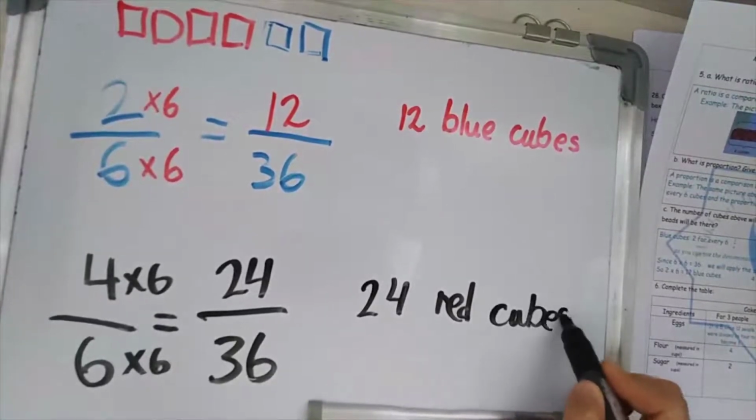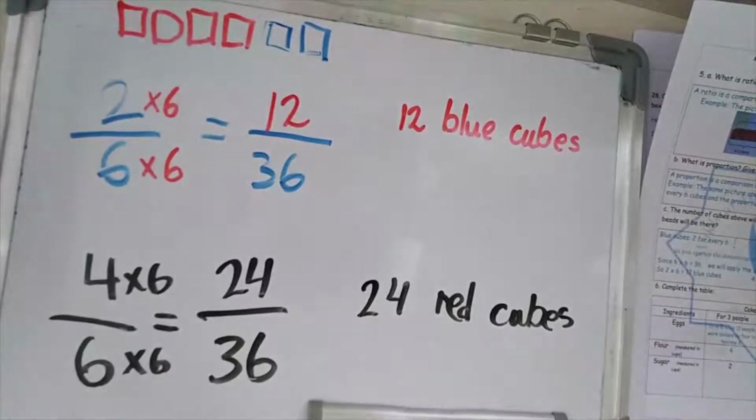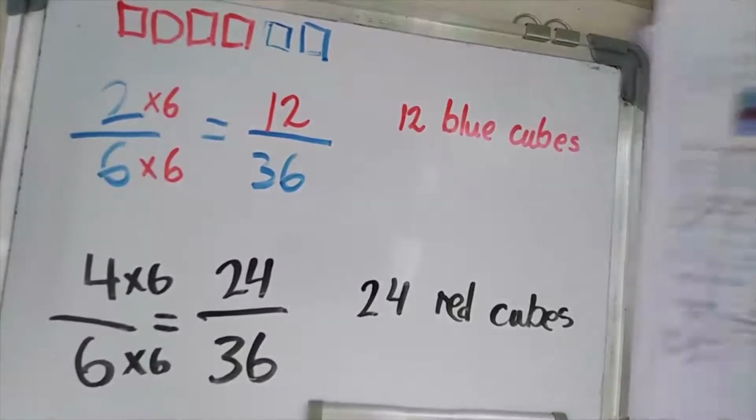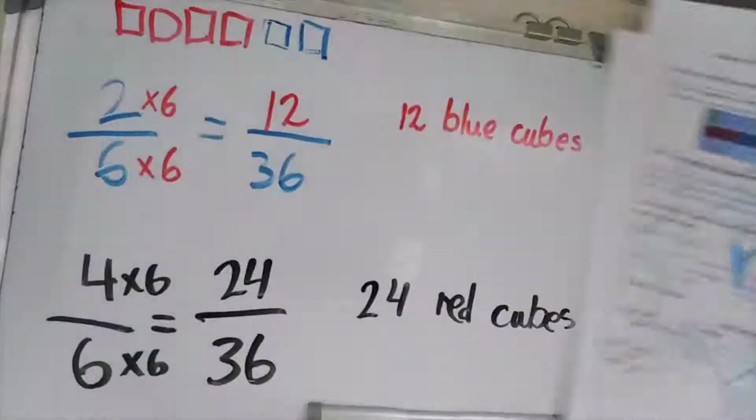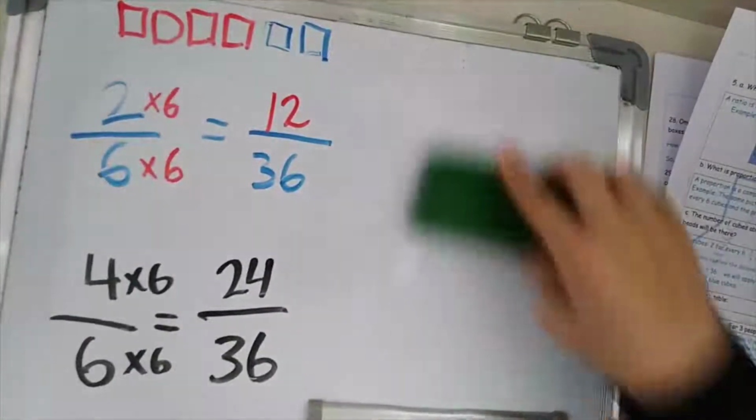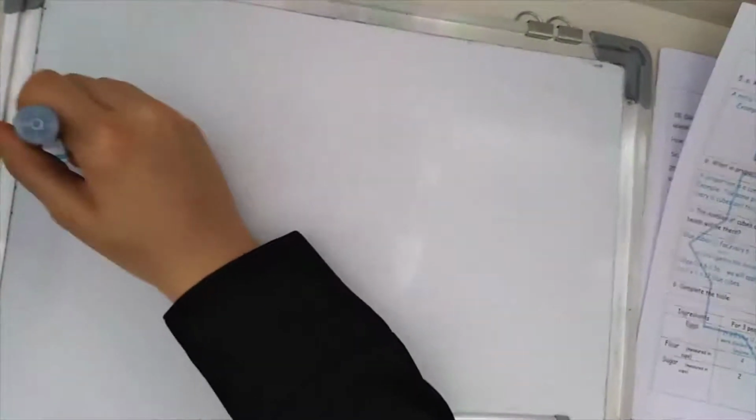All right. As for question number 6, it says complete the table. So let's write the table without writing the answers down here. We've got ingredients for a cake recipe: eggs over here, and flour, and sugar.